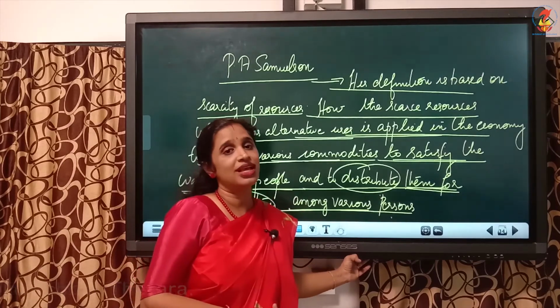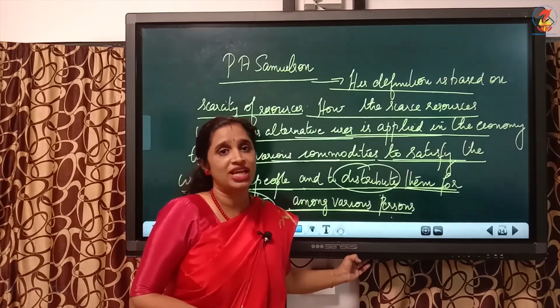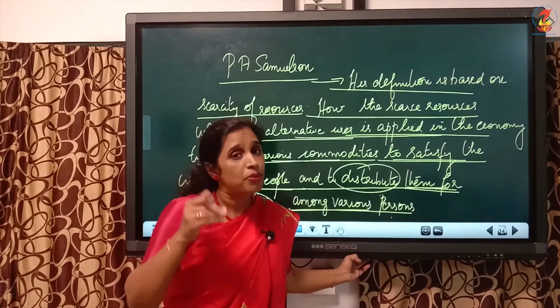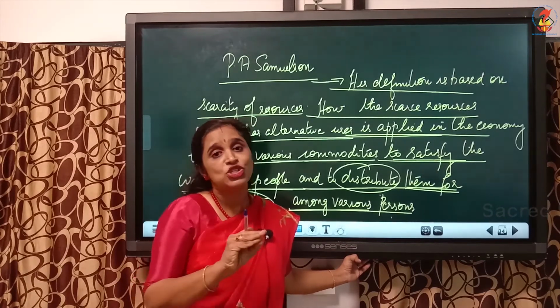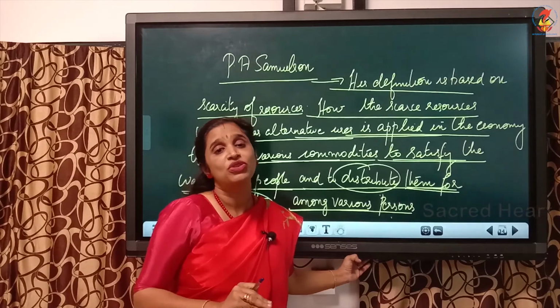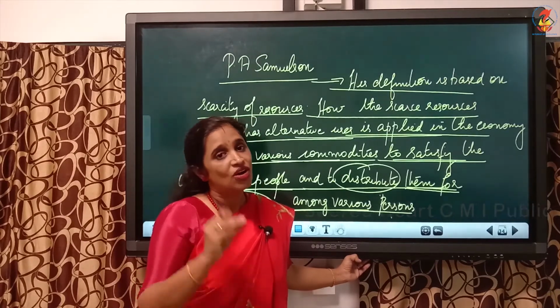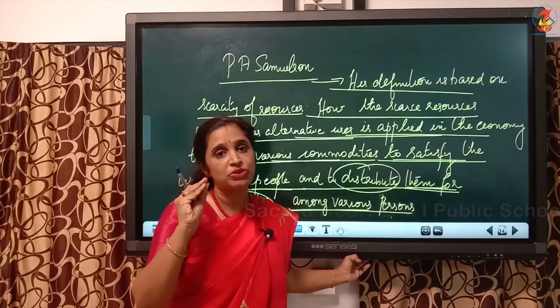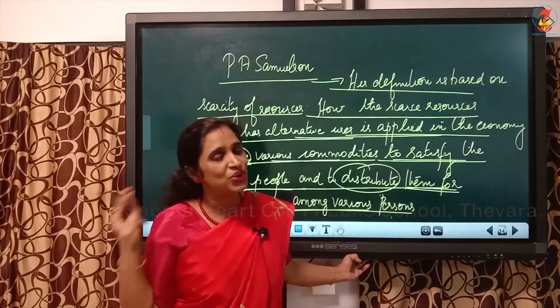So, Samuelson has defined economics as how the scarce resources which have alternative uses are applied in the economy for producing various commodities and distributing those commodities among the various groups of people for consumption. All these production, distribution and consumption we will be learning in the form of theories in microeconomics.